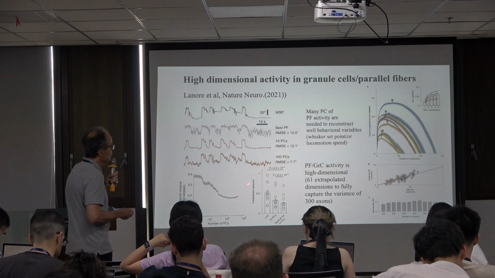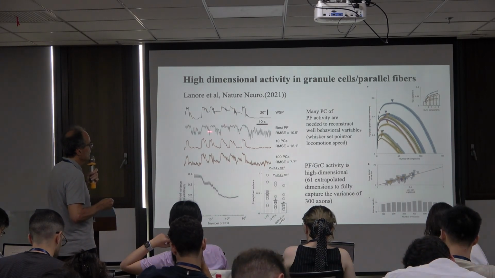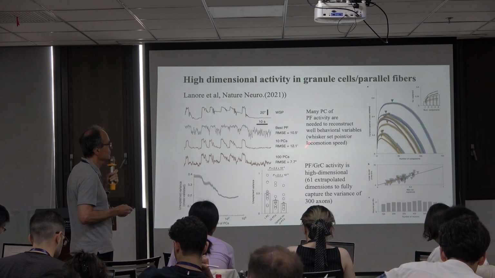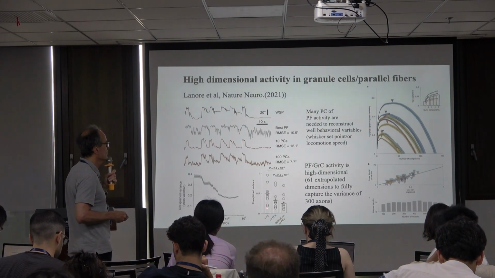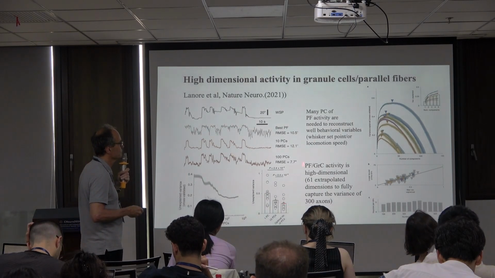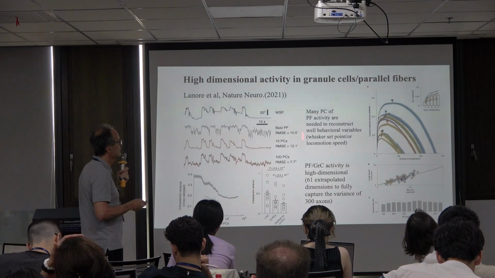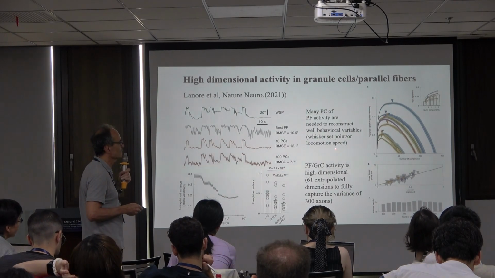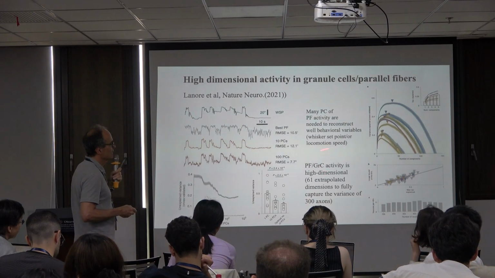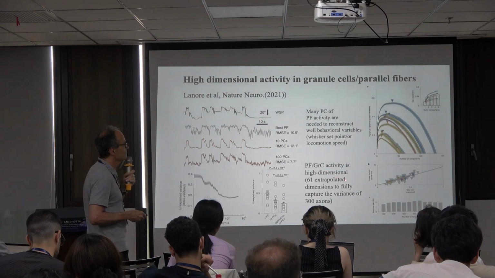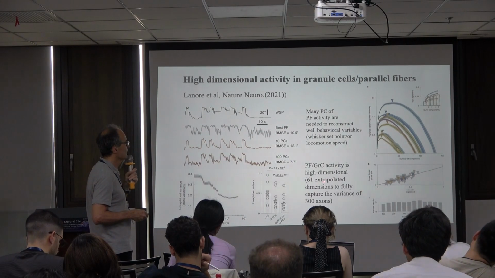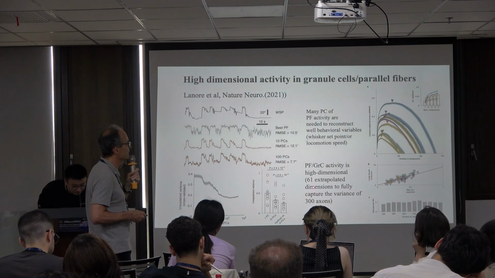So to explain a behavioral variable, you need a lot of PCs. You can do that also for locomotion speed. Then you can try to see what is the activity in this set of recorded PCs, which they do by some kind of sophisticated PC analysis, as a kind of validation.